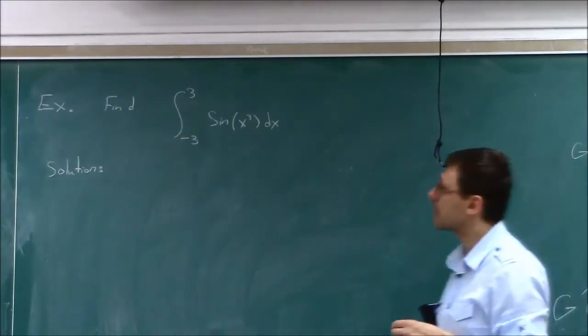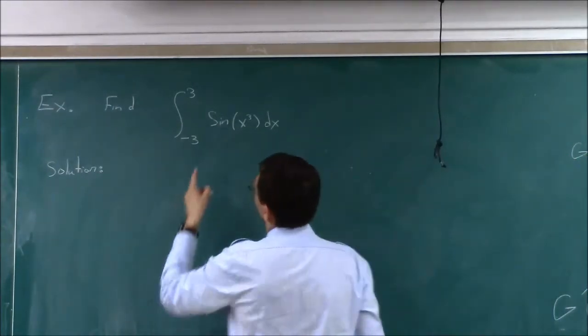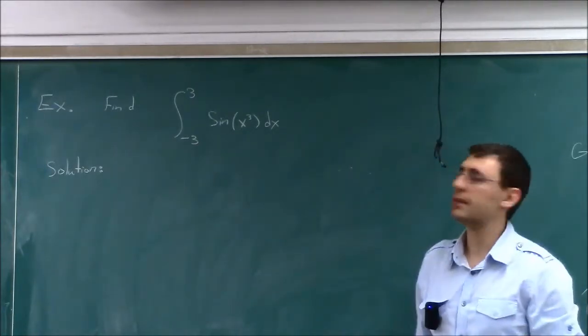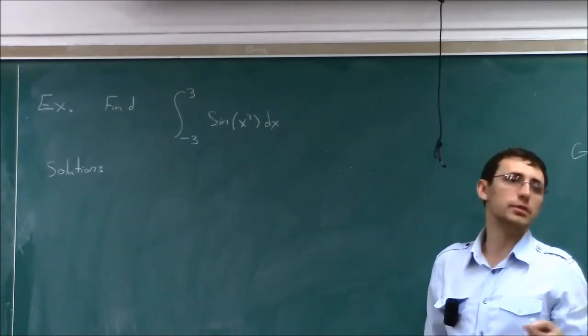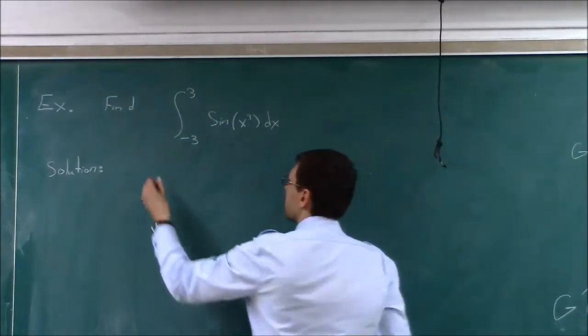All right, so here is what you can try doing. If you're going to try to find an antiderivative with the regular procedure, you are going to be miserable and unsuccessful.